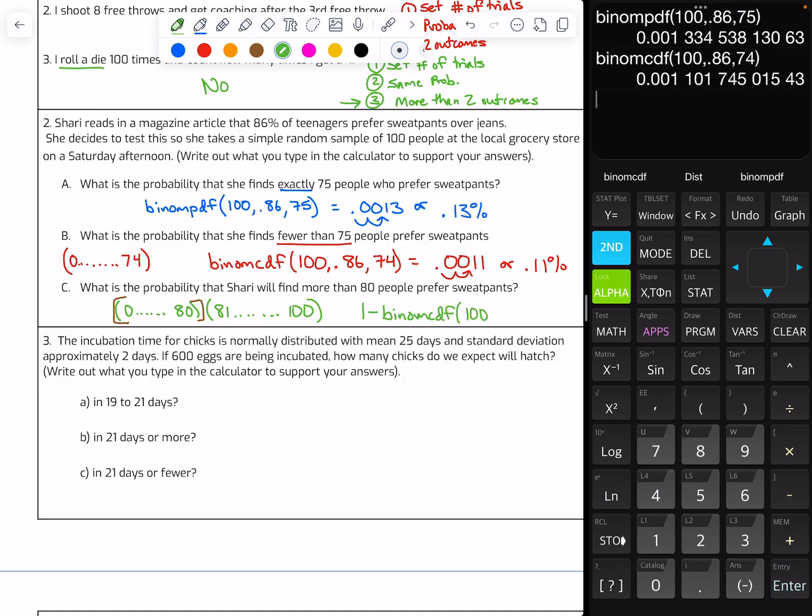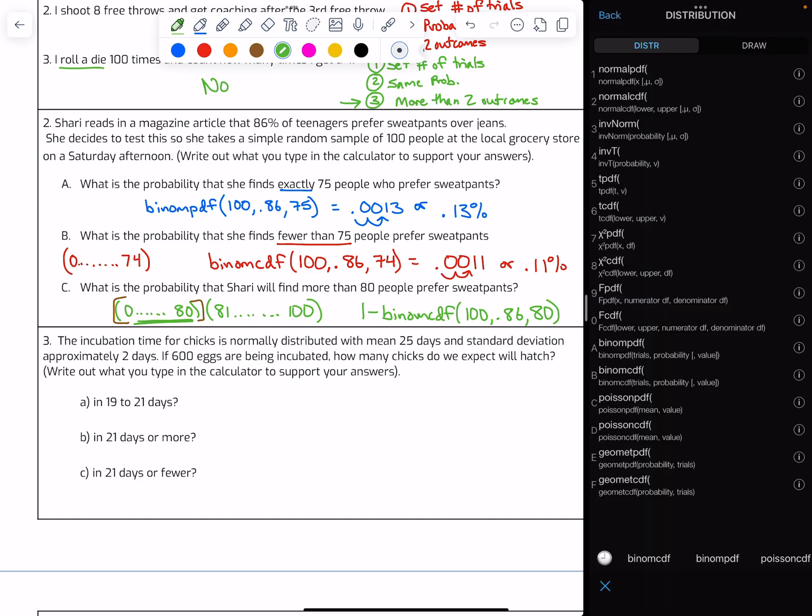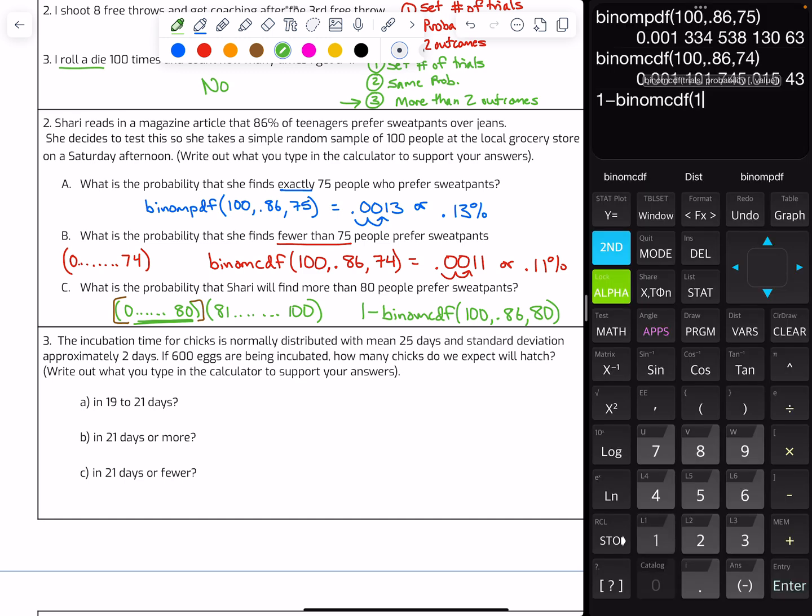We're still asking 100 people. They still have 86% probability. But then we want to put in 80 as the last number that we don't need the probability of. So that's why we're subtracting it from the 1, because it's like 100% minus this probability. So second vars binom CDF. We still have 100, comma 0.86.